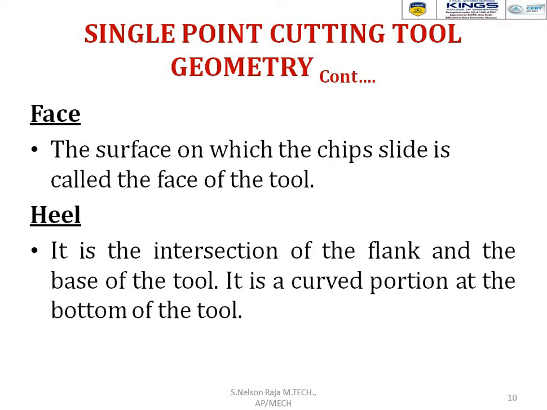And the face: the surface on which the chips slide is called the face of the tool. Heel: it is the intersection of the flank and the base of the tool. It is a curved portion at the bottom of the tool, called the heel.